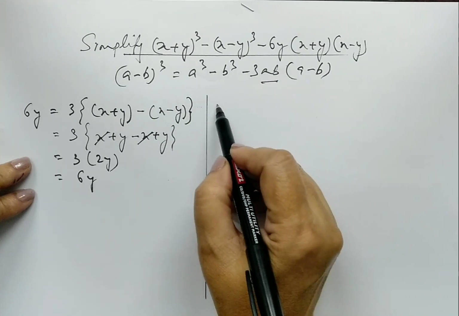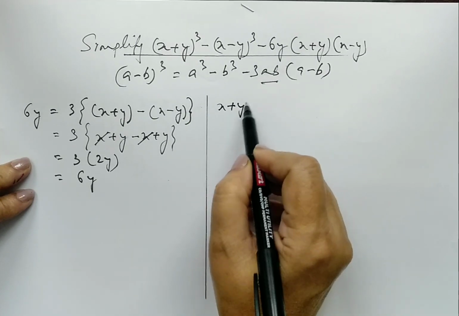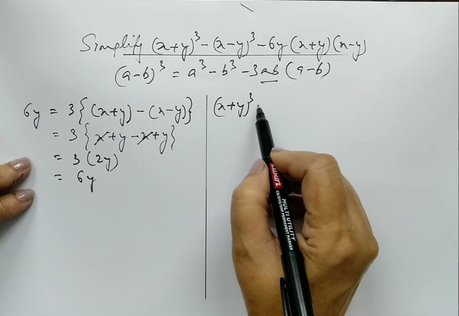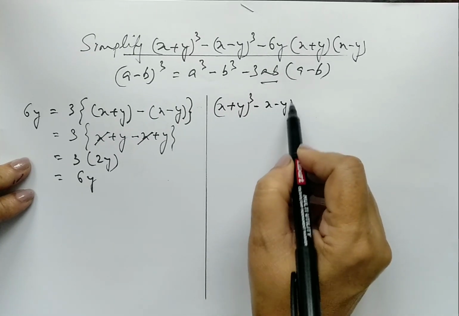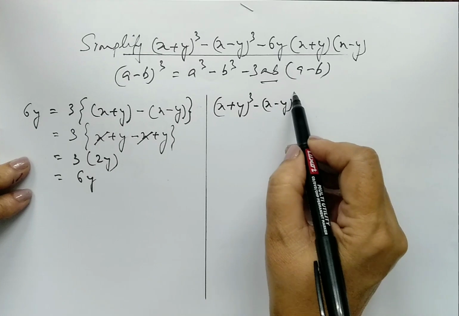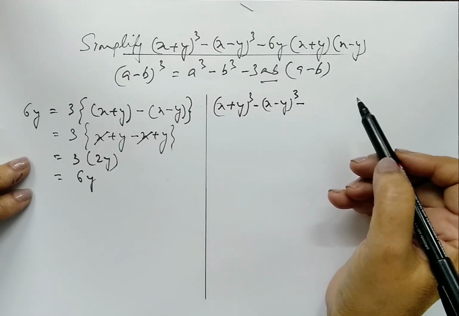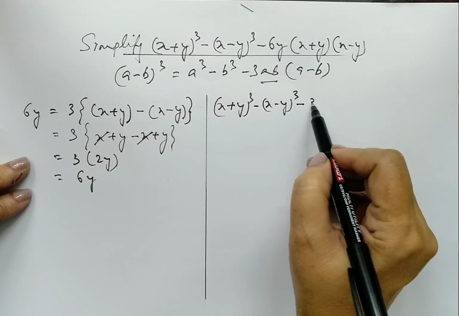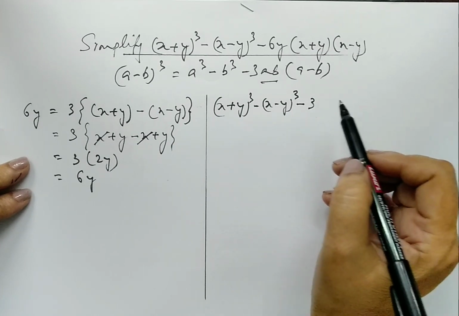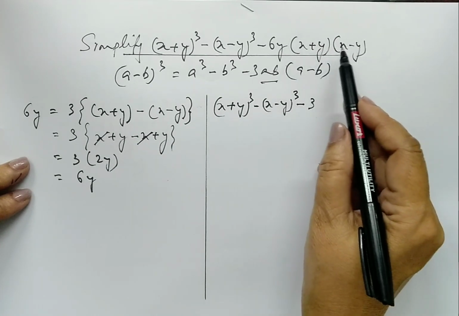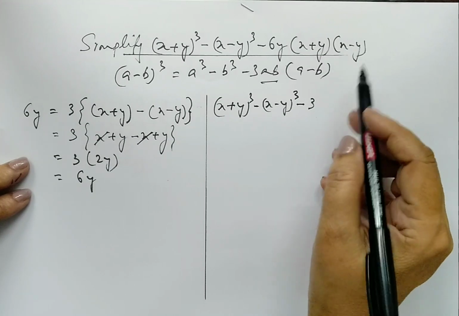So now coming down to this, (x plus y) whole cube minus (x minus y) whole cube minus 3. All right, remember 3, and then we copy this down first, okay?